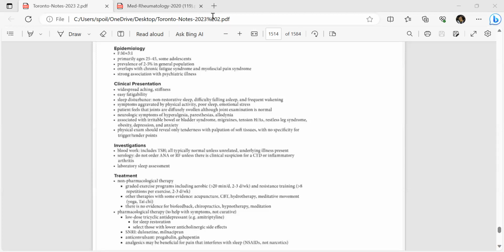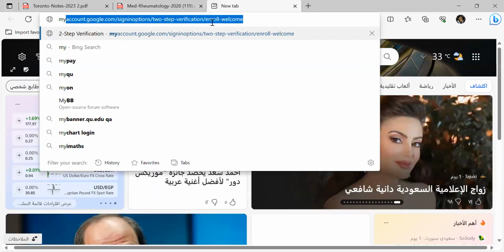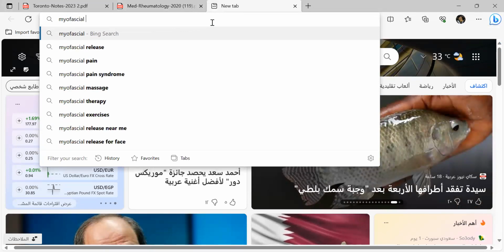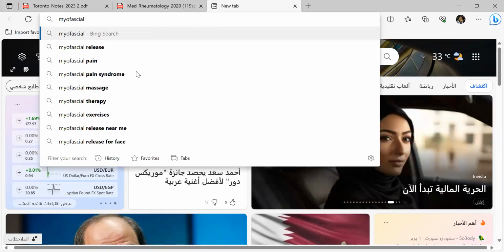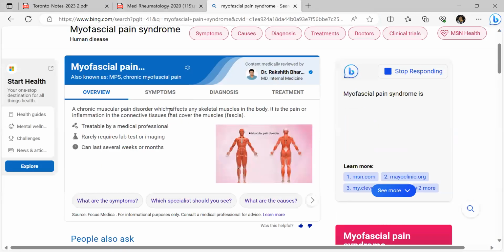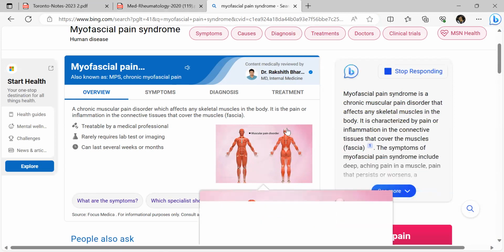Myofascial pain syndrome is a chronic muscular pain disorder which affects any skeletal muscle in the body.